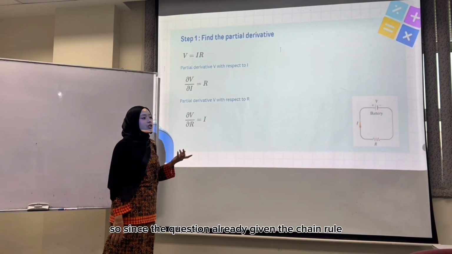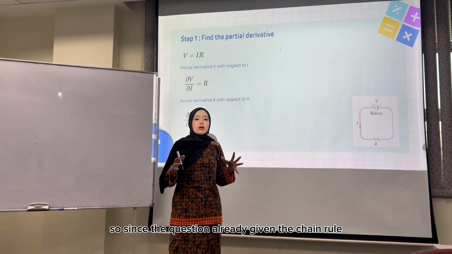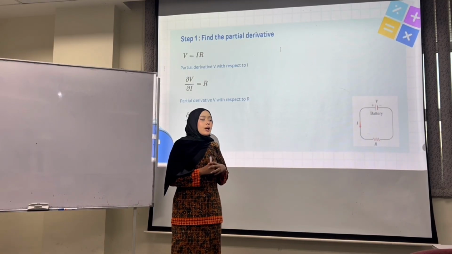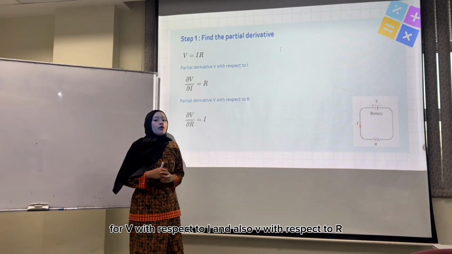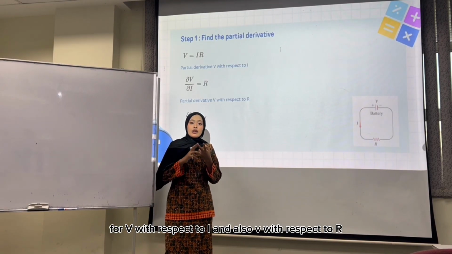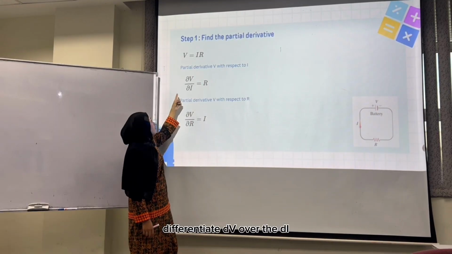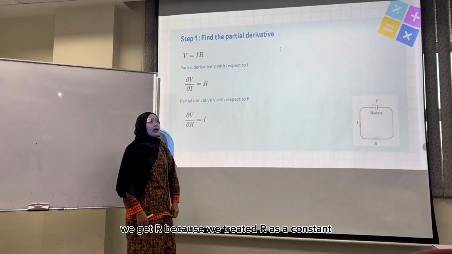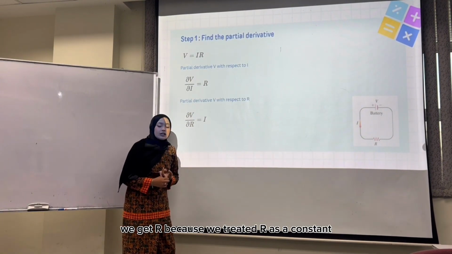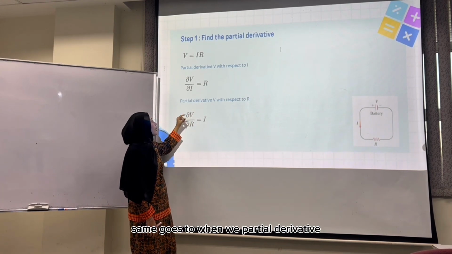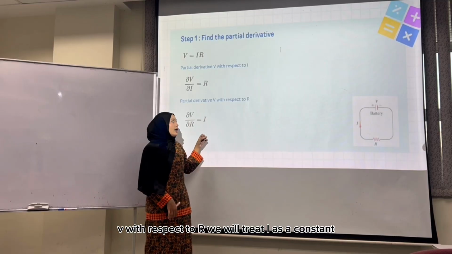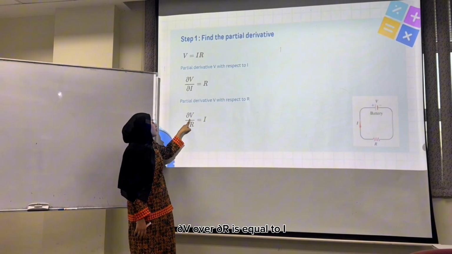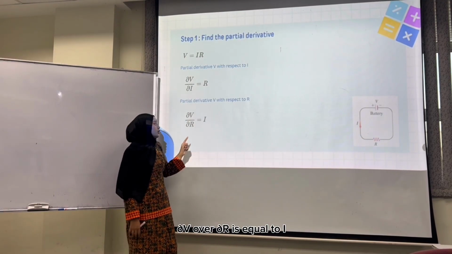Since the question already gave the chain rule for this situation, we just have to find the partial derivative of V with respect to I and also V with respect to R. Differentiating V with respect to I, we get R because we treat R as a constant. Same goes when we take the partial derivative of V with respect to R, we treat I as a constant. Partial V over partial R is equal to I.